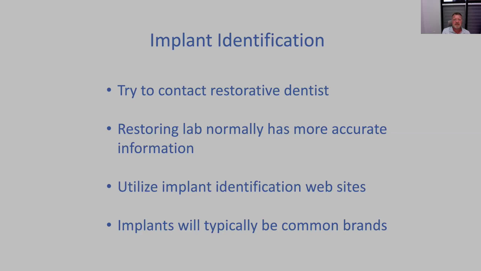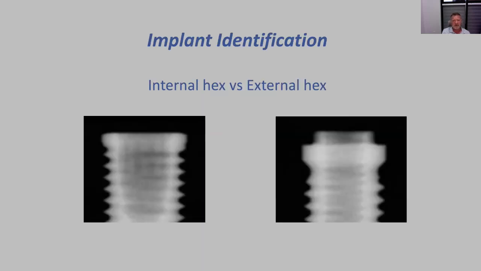If you can get it down to the brand, you can usually reach out and get it identified and get it figured out. What am I looking for when I'm doing implant identification? I'm not trying to pinpoint the exact implant on the site. I'm just trying to get into a range and at least get the opportunities narrowed down. But I'm definitely looking at the hex design, internal versus external.